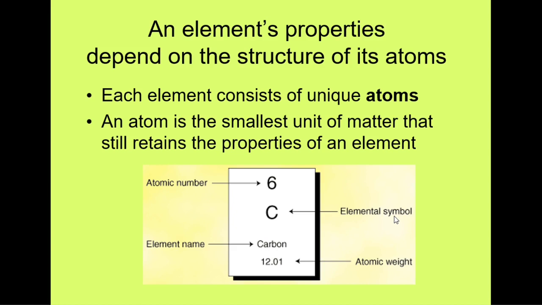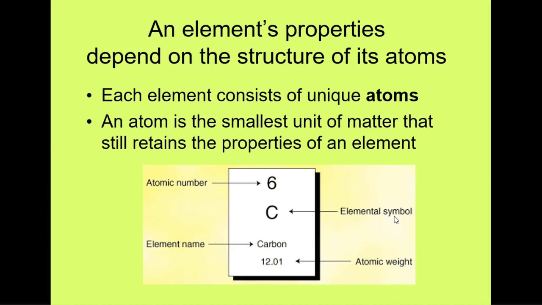The atomic number then tells us the number of protons in the nucleus, and it is the number of protons that determines what element that is an atom of. But if you remember what I said on the last slide, the electrical charge of an atom is typically balanced. So there'll be the same number of protons in the nucleus as there are electrons moving around the nucleus.